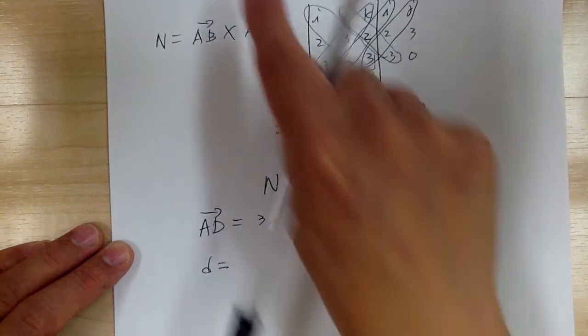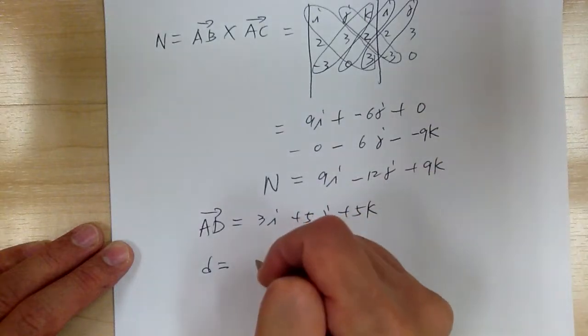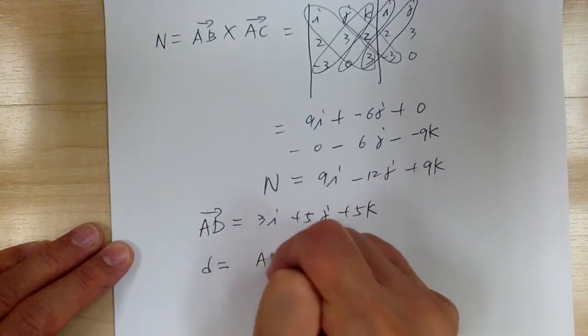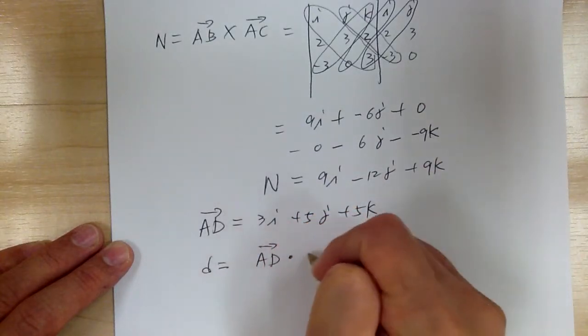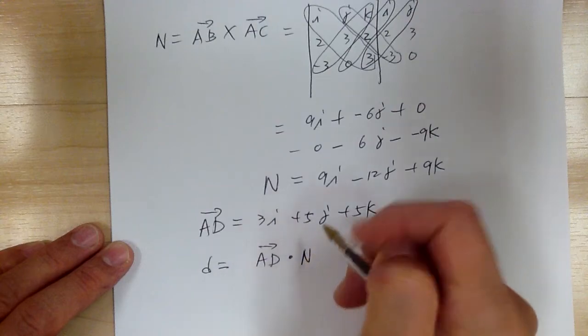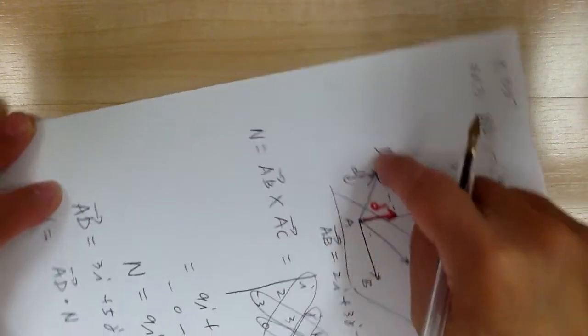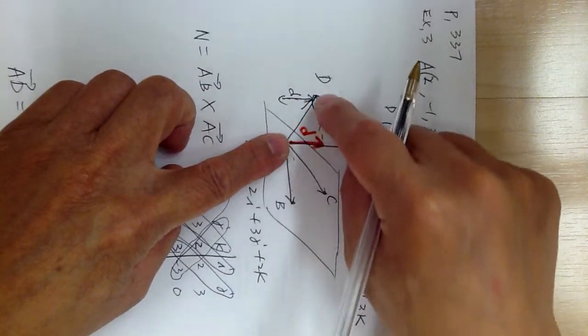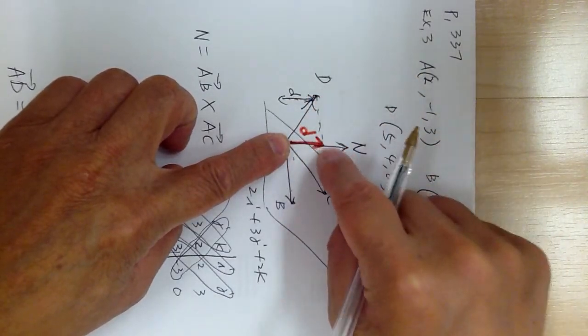So we have to use the dot product, right? The distance is going to be equal to AD dot N, and if you look over here, we did this, the projection, right?